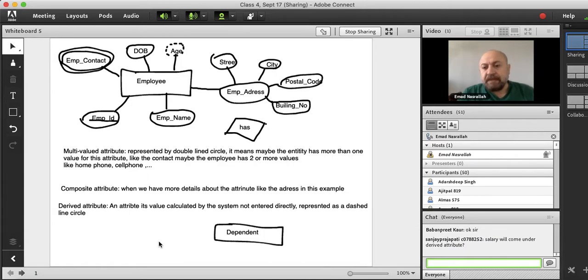Let's get back. Salary will come under derived attribute. It depends. Maybe the salary is not calculated by the system.